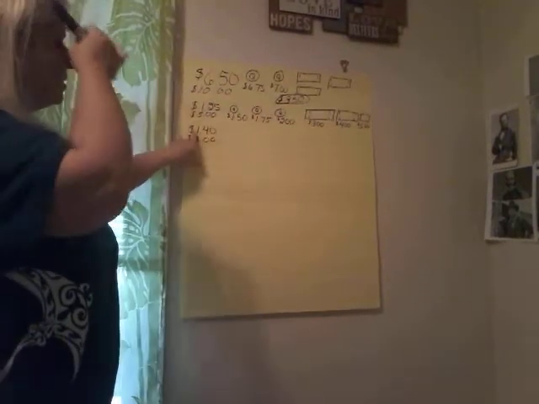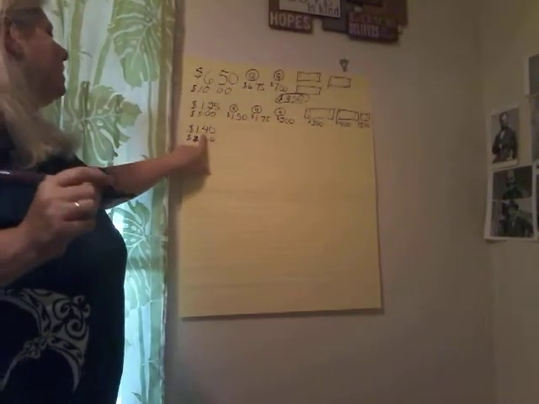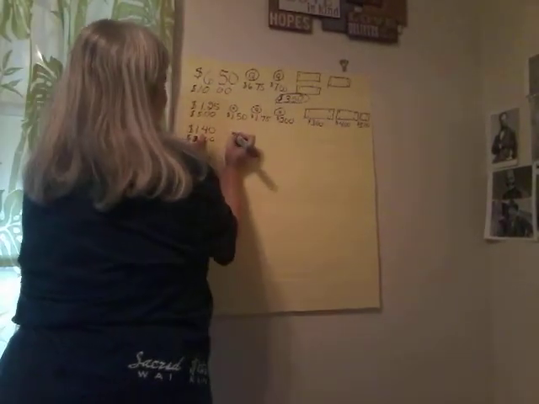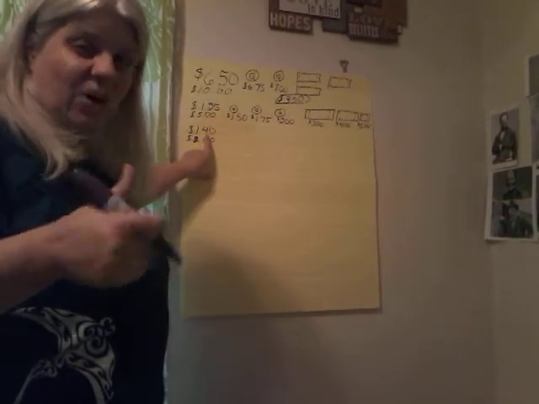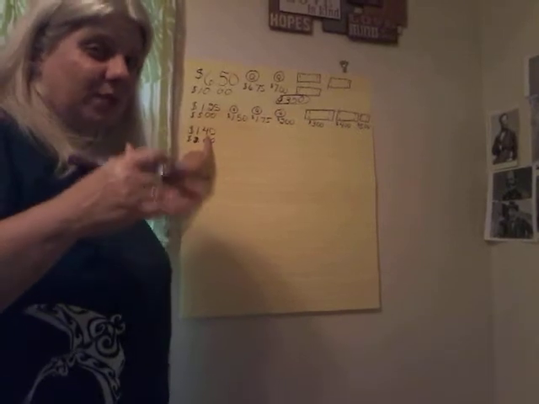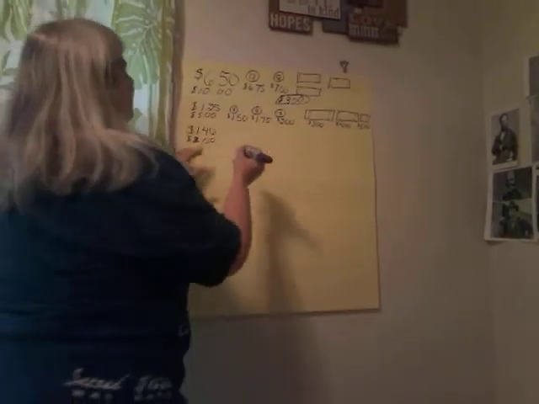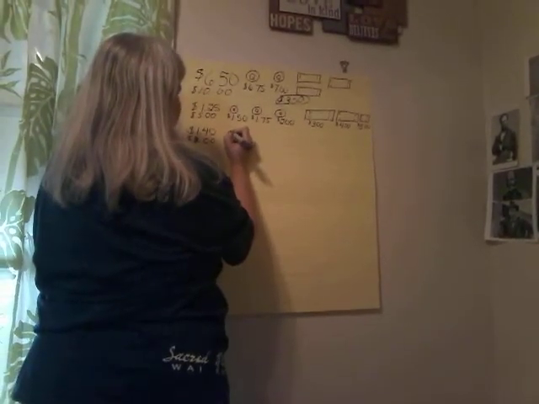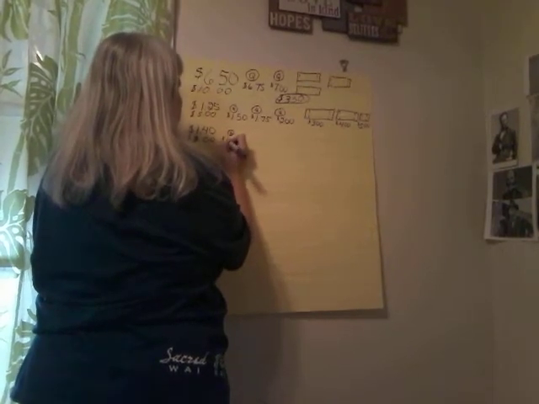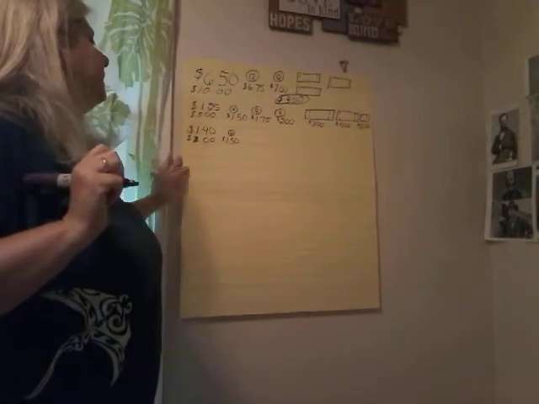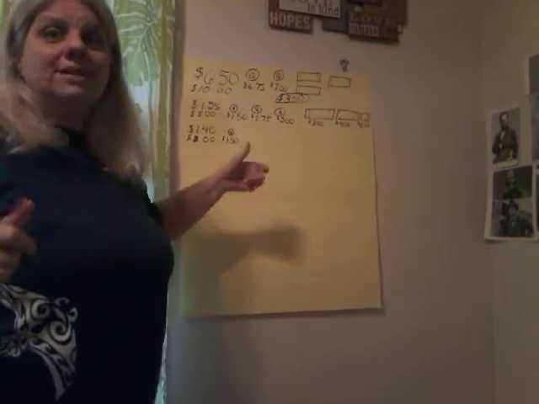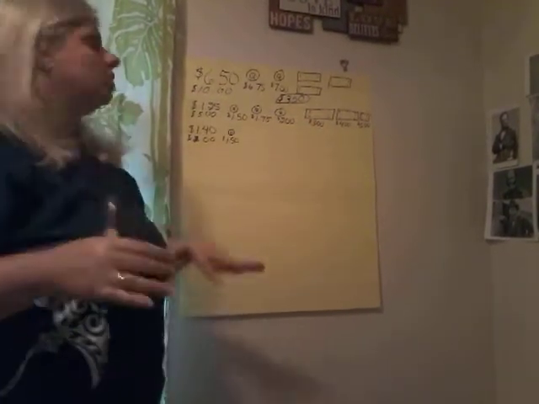Okay? All right, so we have $1.40. So what we would need to get to a 50, which would be like a quarter thing, divisible by 25, would be a dime, yes? So a dime would get us to $1.50. So now we get to quarters again. Yay! We get to work with quarters.